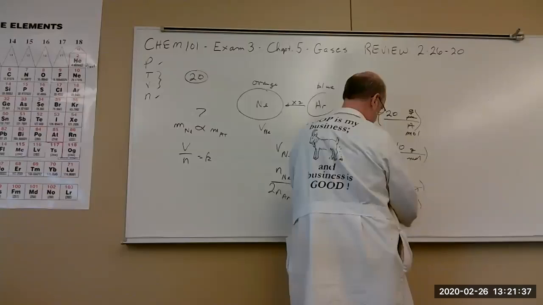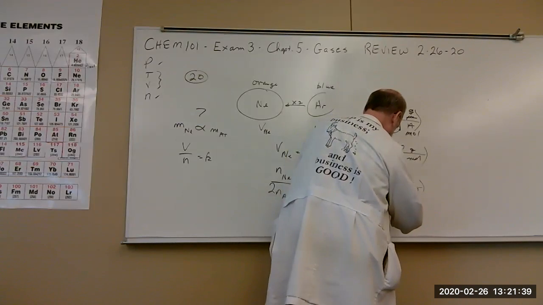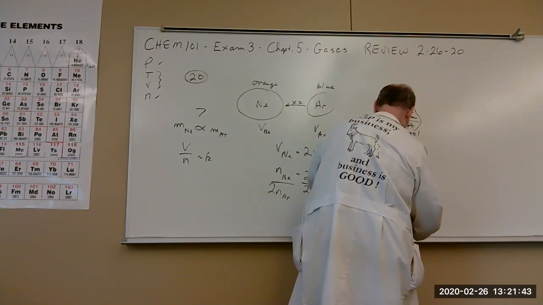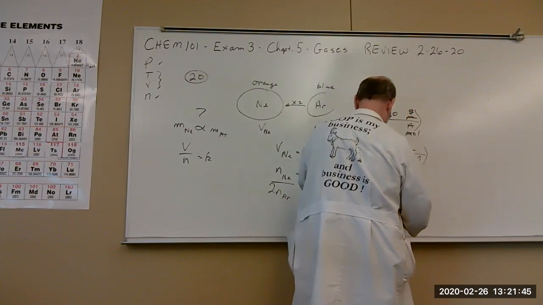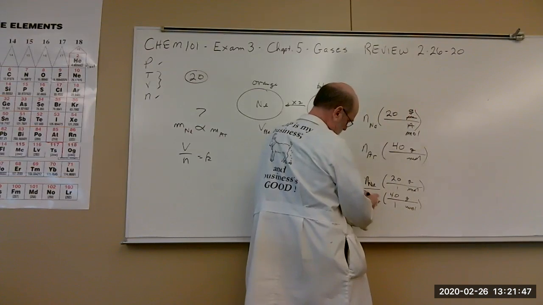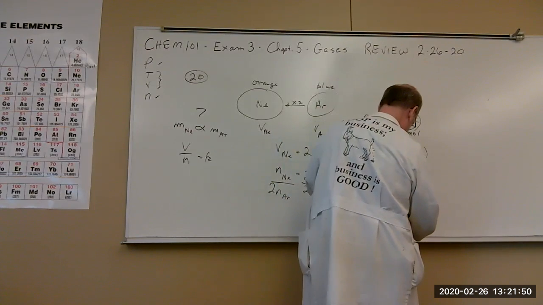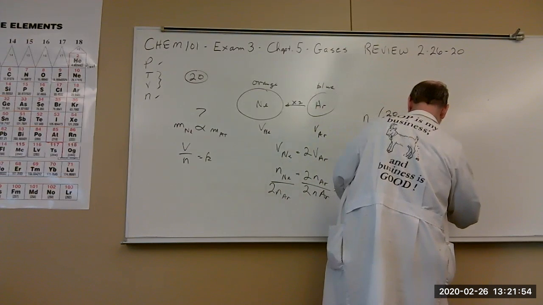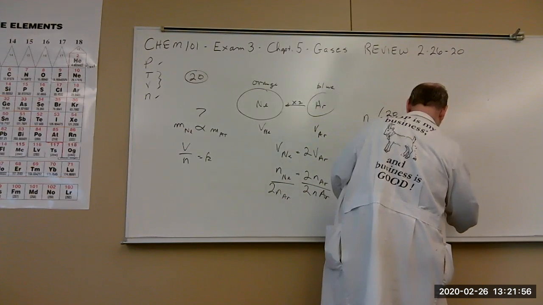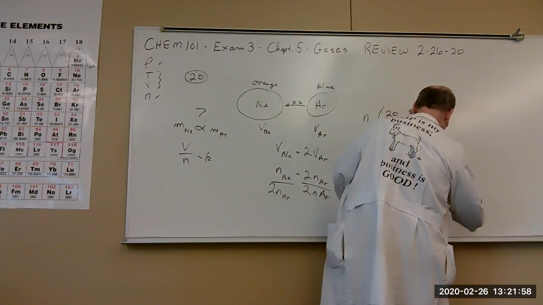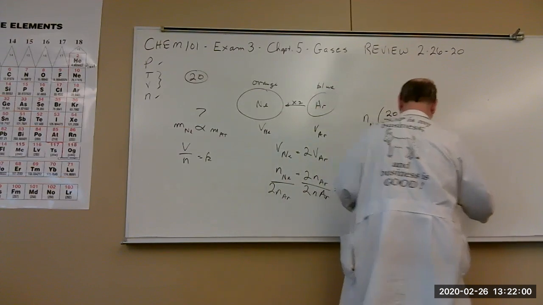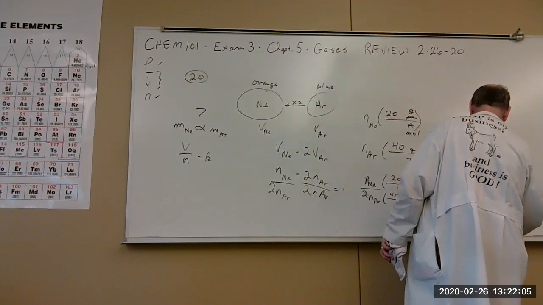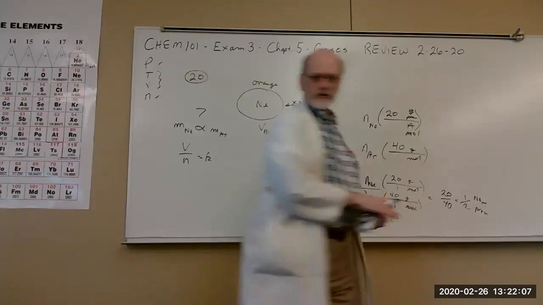That cancels this and this. And 40 grams per mole. It cancels both of them. So we have 20 per 40 equals 1 to 2, neon mass to argon mass. So it should be 1 to 2.